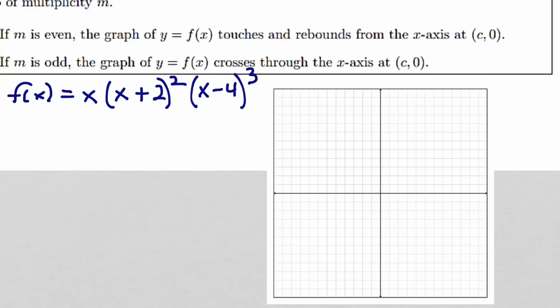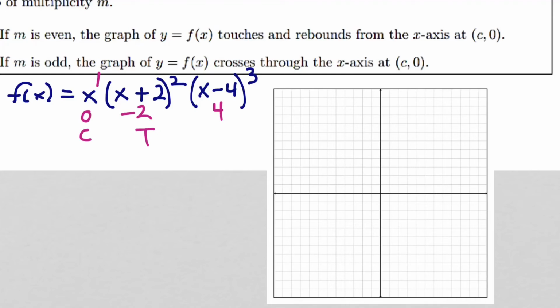Let's do one more example on multiplicity. Here we've got a 0 of 0, multiplicity 1. Multiplicity 1 is an odd multiplicity, which means we're going to cross. Here we've got a factor of negative 2 with an even multiplicity, 2. So we're going to touch. And on the last one, I've got a factor of 4 with an odd multiplicity.